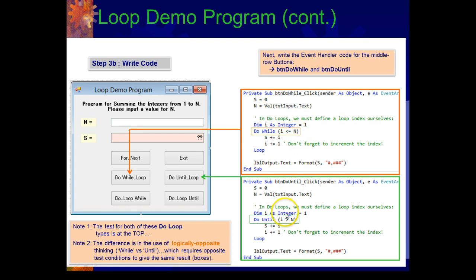But if we use the keyword until, then we have to write what? We want it to keep running as long as this is false. So what do we want to write here? As long as I is less than n, we want to keep running. But we don't write less than n here. We want to write the opposite of that.